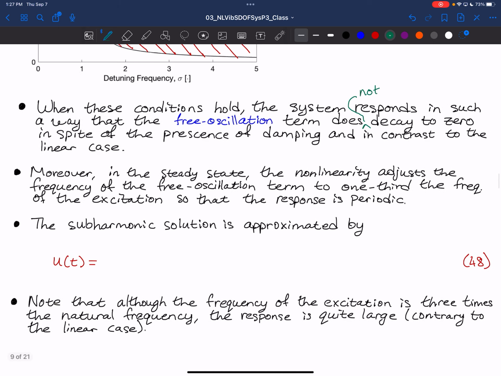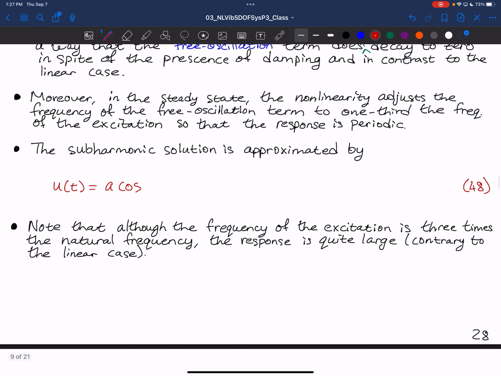And in this case, the subharmonic solution is approximated as A times the cosine of the quantity 1/3 times capital omega T minus gamma, plus K over omega 0 squared minus capital omega squared times the cosine of capital omega T, plus order epsilon terms.